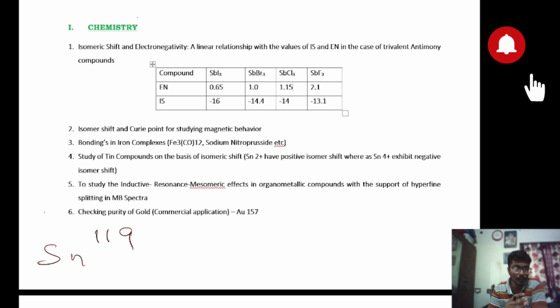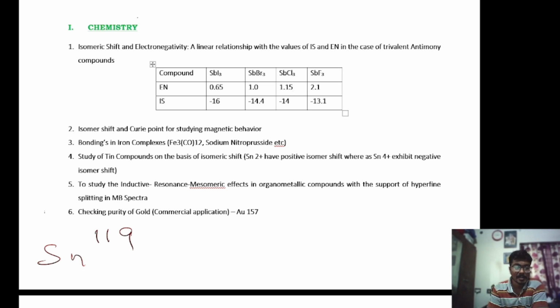Using this isomer shift value, we can predict whether the compound is showing an inductive effect, mesomeric effect, or resonance effect, and we can use that value to quantify the magnitude of that particular effect also. This is one of the important applications of Mössbauer spectroscopy.